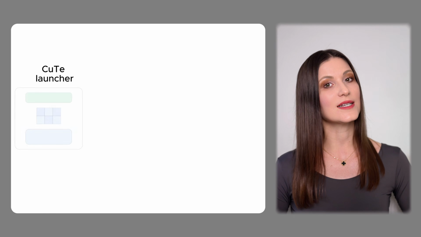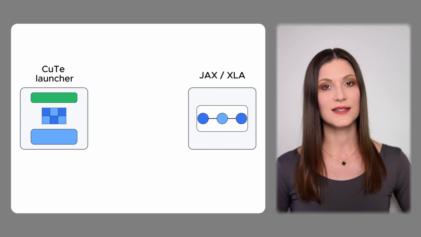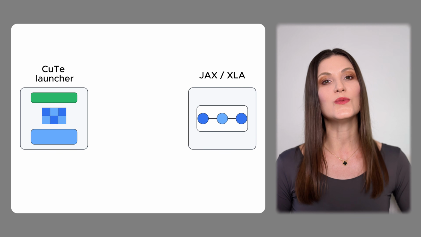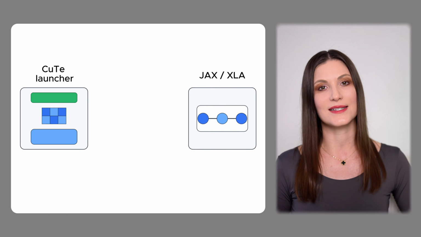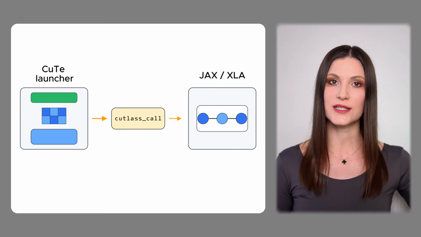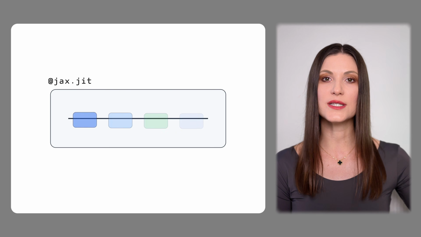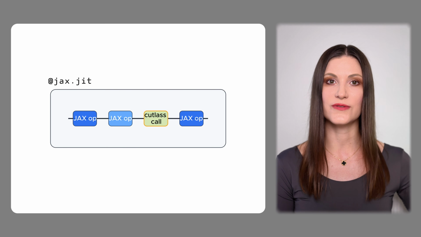I want to pause for a second and name the core pattern you will reuse. cutlass_call bridges worlds. On one side, a CuTe launcher that wants a CUDA stream plus tensors. On the other side, a JAX function that wants to compose inside XLA. So cutlass_call turns the CuTe launcher into a JAX primitive or custom call. That means you can put it inside a larger JAX JIT function.